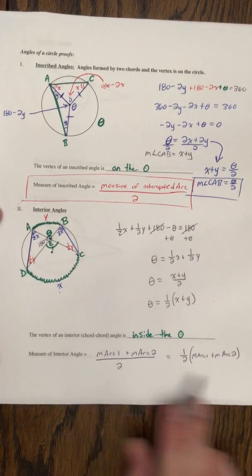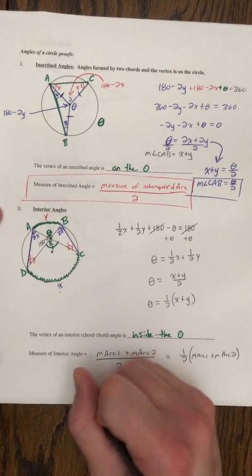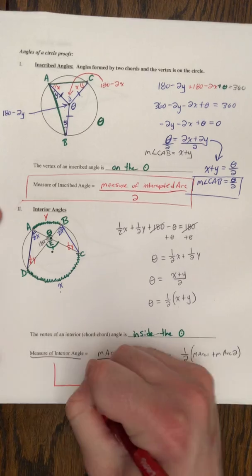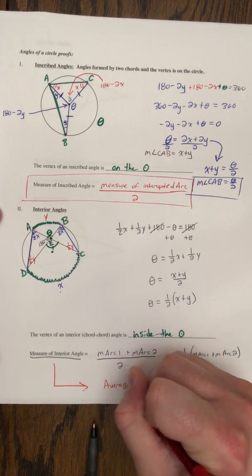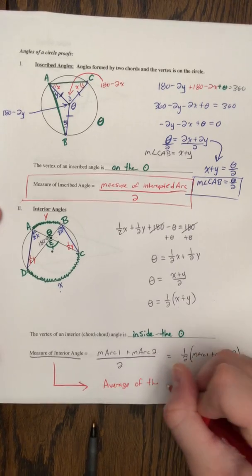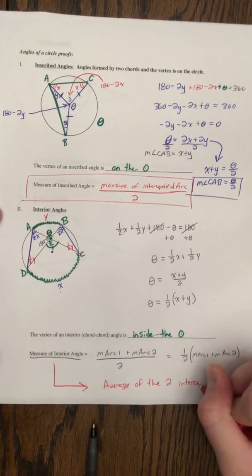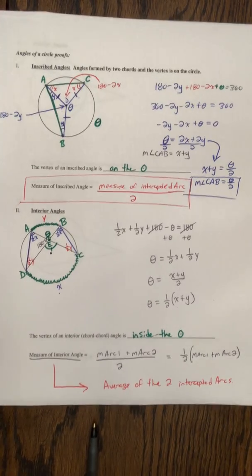So that's another way we could write it, equivalent to one another. In everyday language, I just say that the measure of the interior angle is equal to the average of the two intercepted arcs. I hope that's helpful.